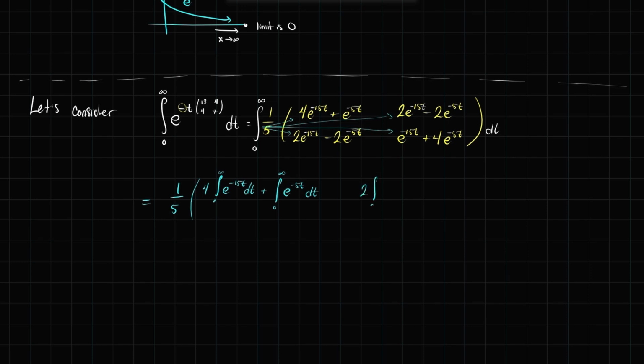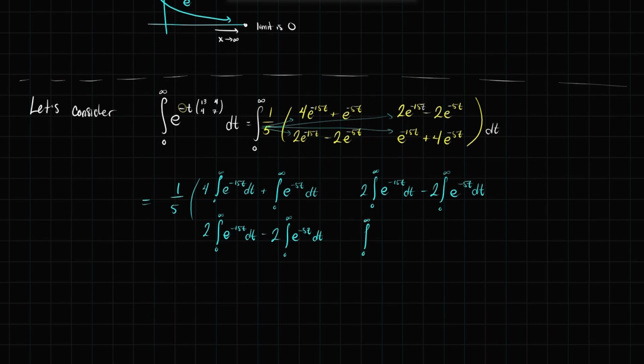I have 2 copies of the integral from 0 to infinity of e to the minus 15t dt, minus 2 times the integral from 0 to infinity of e to the minus 5t dt. I have 2 copies of the integral of e to the minus 15t dt, minus 2 copies of the integral of e to the minus 5t dt.